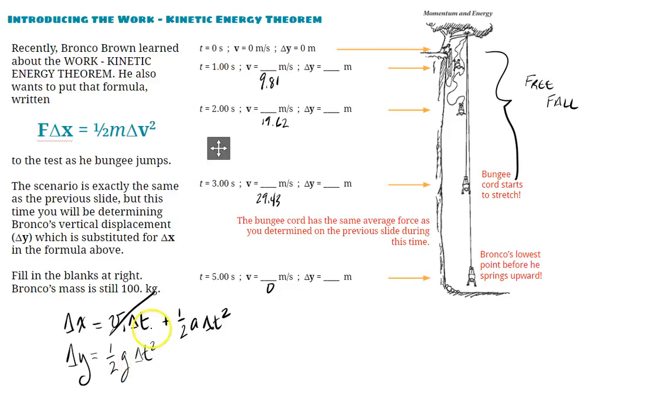And so we can figure this out fairly quickly by going ahead and plugging in those numbers. We end up with 1/2 times 9.81 times 1 squared equals 4.905, so 4.91 meters.